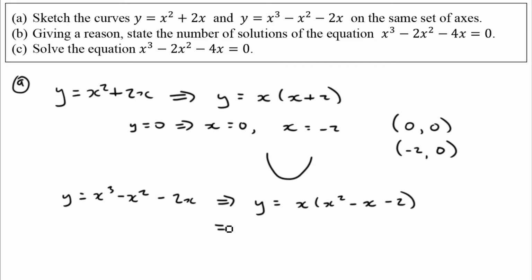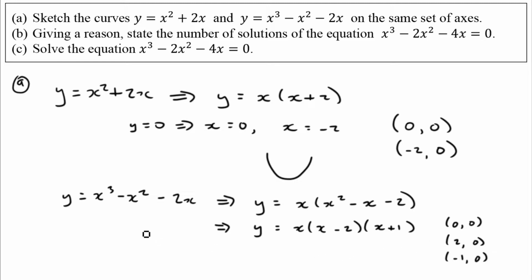And it's not too difficult to factorize that quadratic factor on sight as x subtract 2, x plus 1. So the intersection points of this curve with the x-axis are again 0, 0, 2, 0, and negative 1, 0.